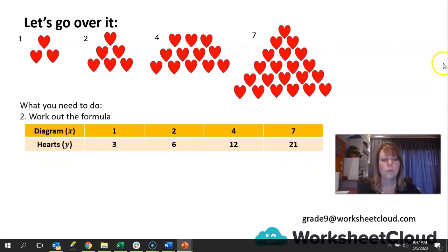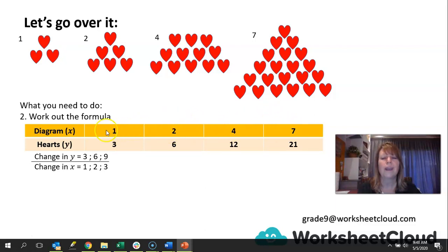Okay, you now need to work out the formula. So what are we going to do? We're going to look at the change in y over the change in x. Our change in y would be increase by 3, increase by 6, increase by 9. And the change in x would be increase by 1, increase by 2, increase by 3.